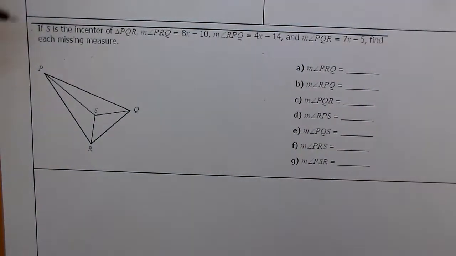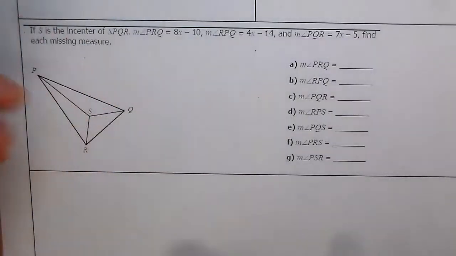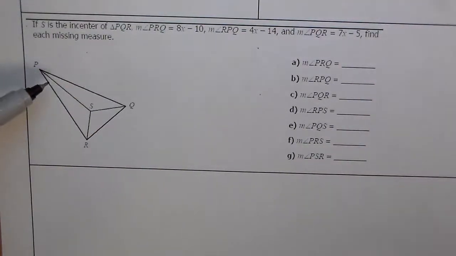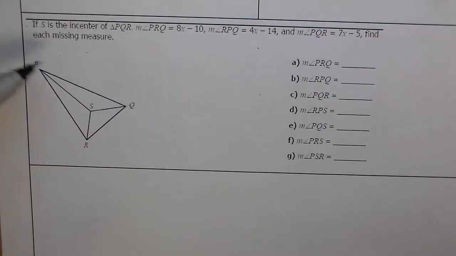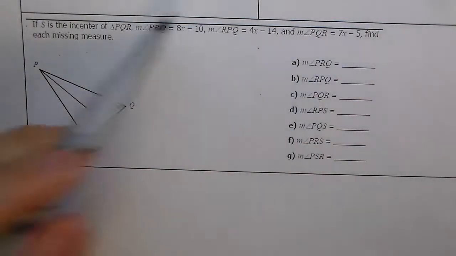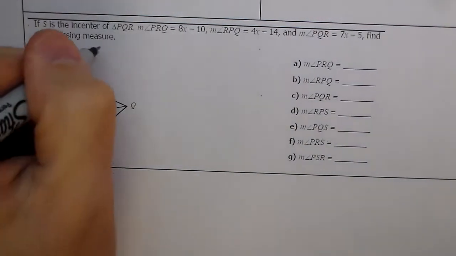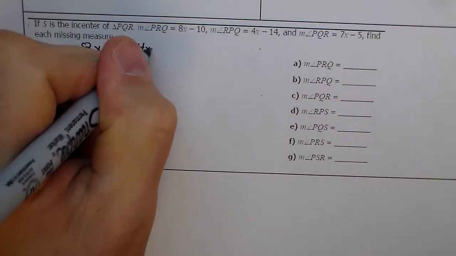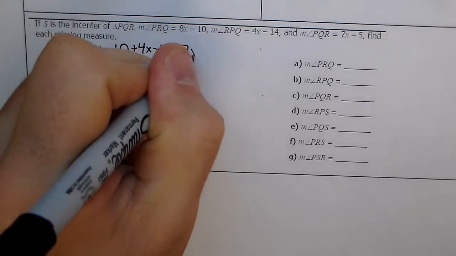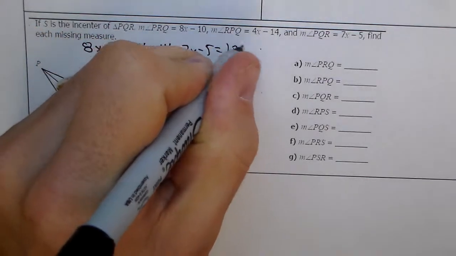Last part here, I have to find a bunch of angles, and I start with some values here to work. So PRQ, which is the angle at R, RPQ, the angle at P, and PQR all have expressions with x in them. Now I know these all add to 180. So I'm going to start with that. 4x minus 14, 7x minus 5 equals 180.